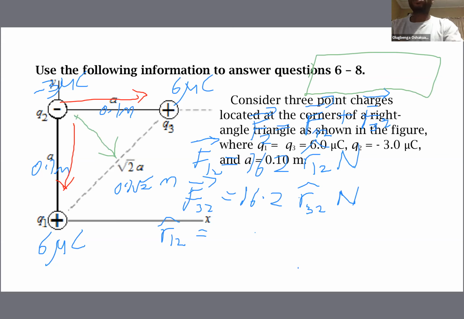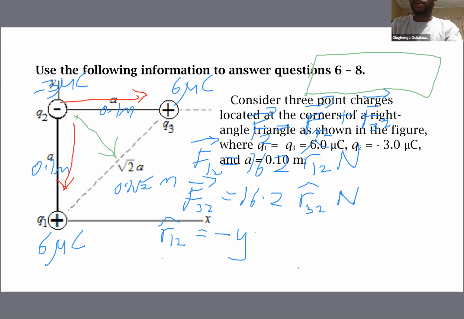And when you check the direction, it is pointing downwards. But the fact that it is pointing downwards, and we've labeled this to be x-axis, y-axis, then that means that it is minus y. If you recall how you do your graph book, this is minus y. So hence we can say that our R12 is equal to minus y.